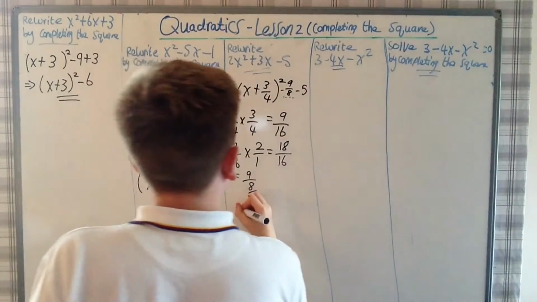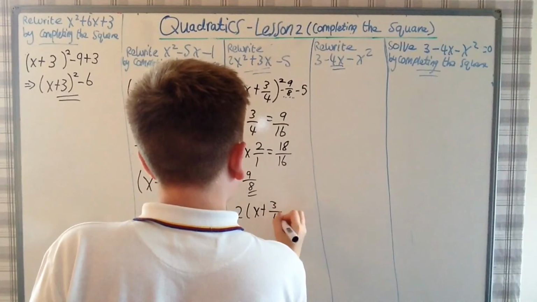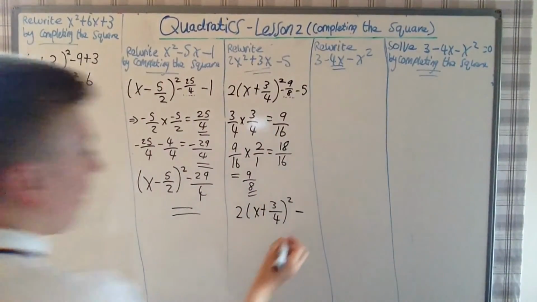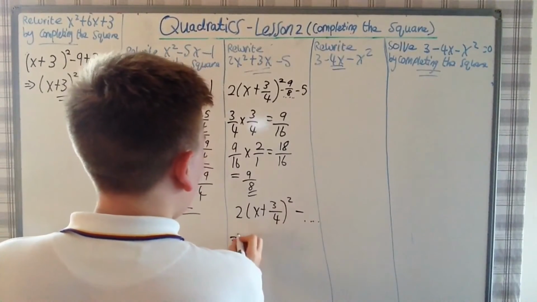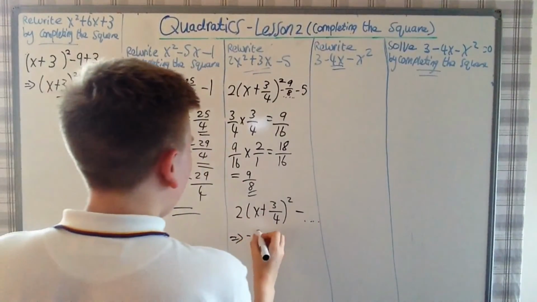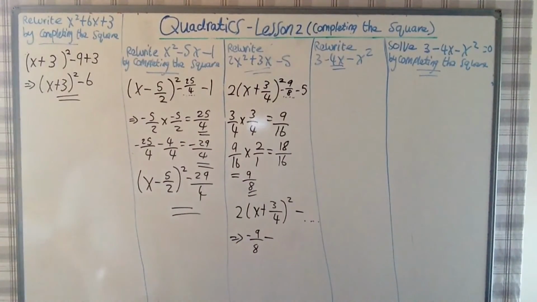Now, if we were to do this calculation, let's show what this value is going to be. Well, minus 9 over 8 minus, well, 5 can become 5 over 1.